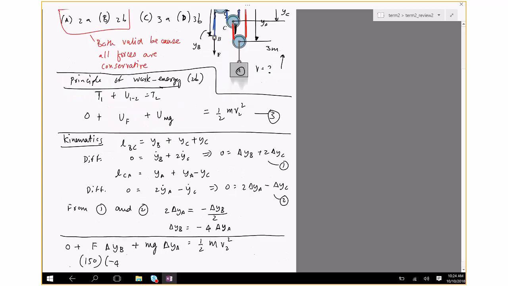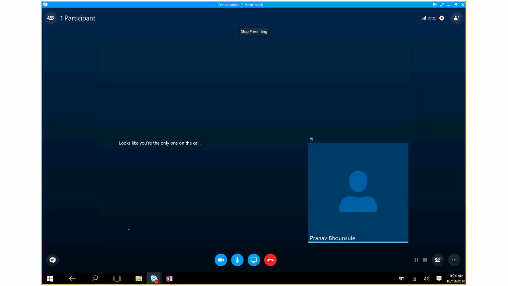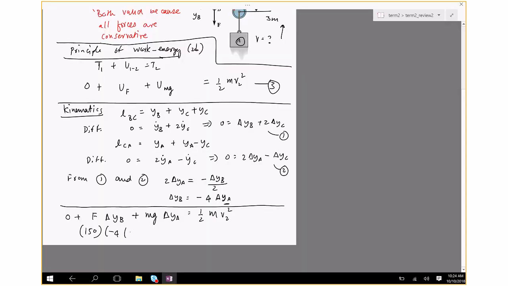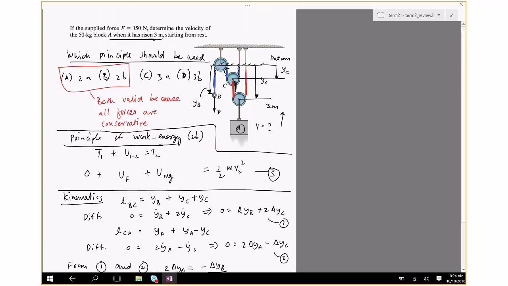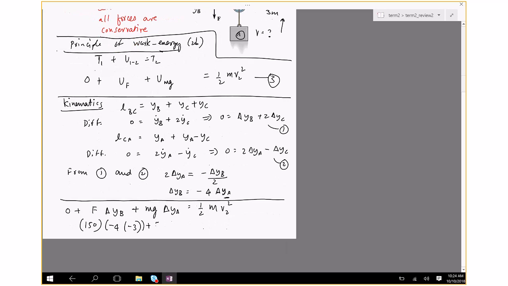So minus 4 delta ya, which is negative 3, not positive 3, because A has moved upwards, plus mg, with the value m is 50 times 9.81.